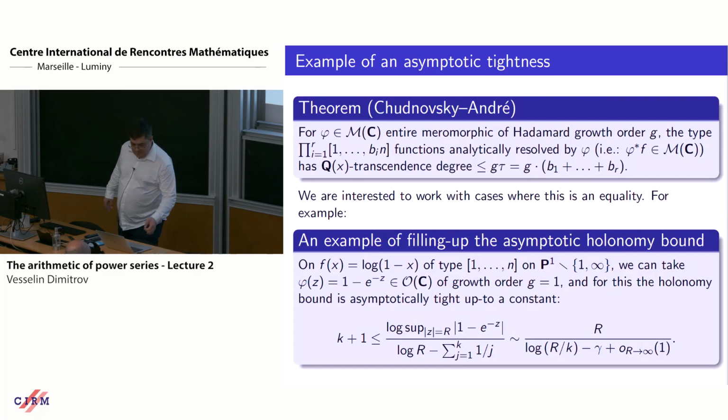We can choose r arbitrarily, and comparing, we derive the following upper bound for the transcendence degree over Q of the functions with those denominators and which are analytically resolved under phi with, say, meromorphic pullback under phi. I can consider the holomorphic pullbacks, the proofs are the same.